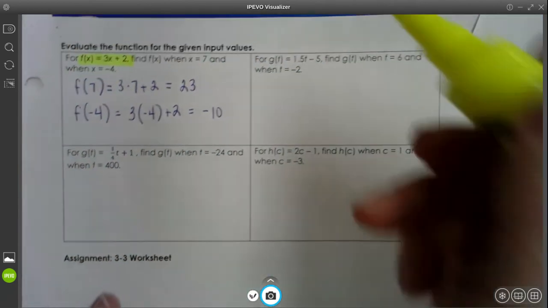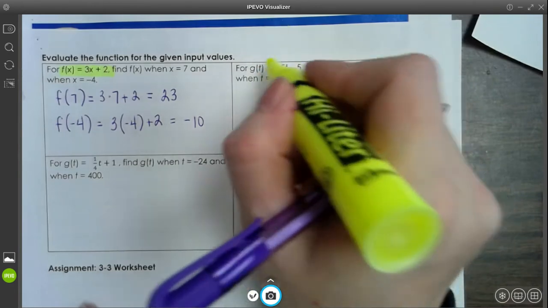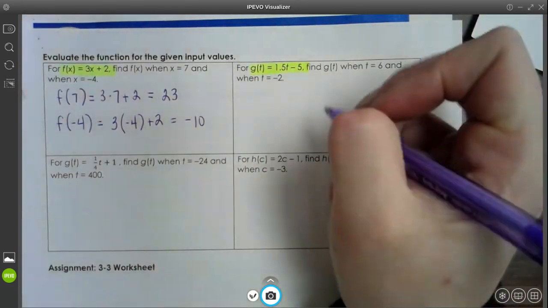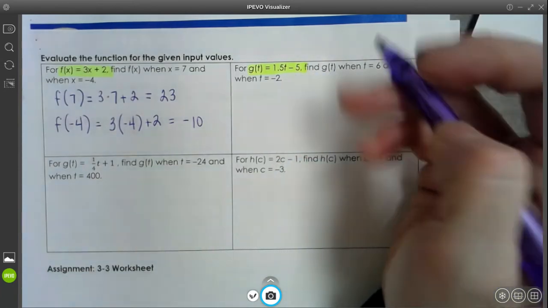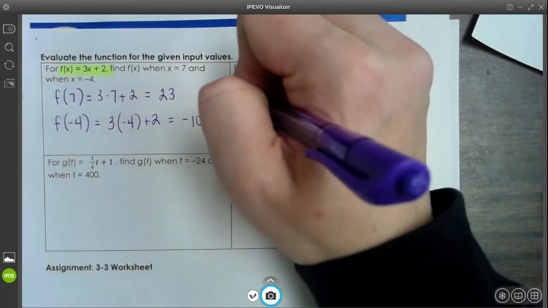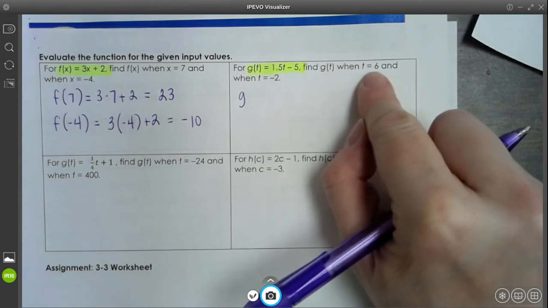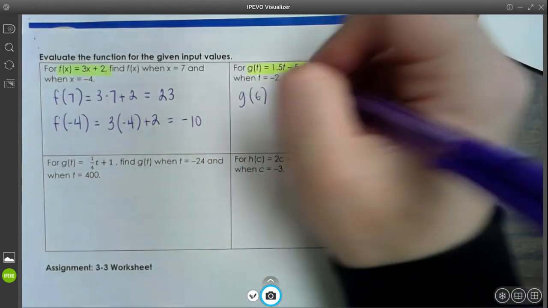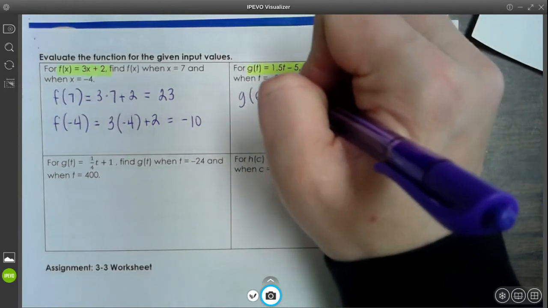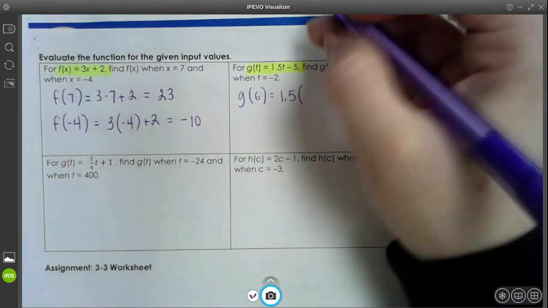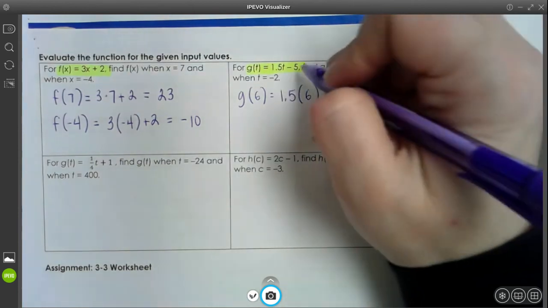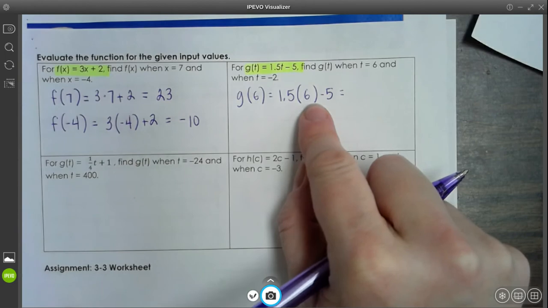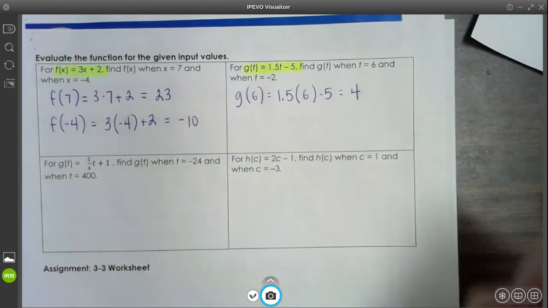Okay, this next one, they're just using different variables. Don't let it freak you out. So g of t is equal to 1.5 t minus 5. So we're going to take g, and the first time we're going to substitute 6 everywhere we see the letter t. So we're going to have 1.5, and then in place of t, we're going to put 6, and then we'll subtract 5. 1.5 times 6 is 9, and 9 minus 5 is 4.